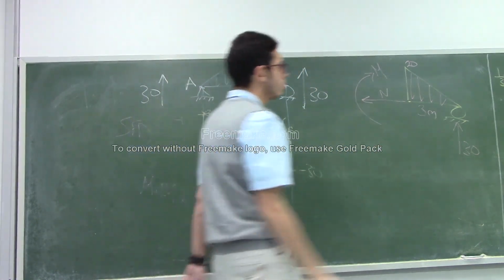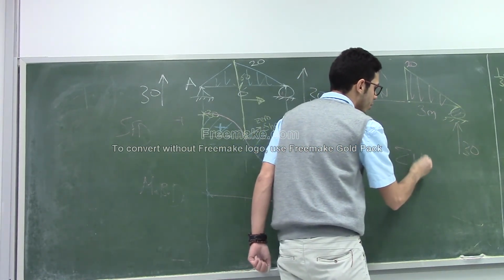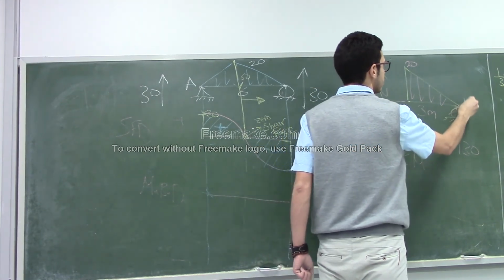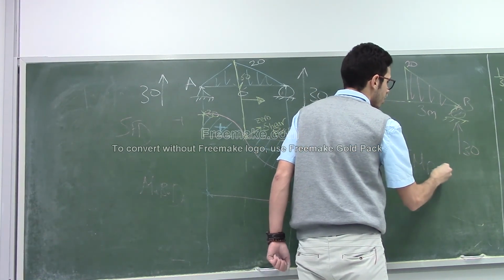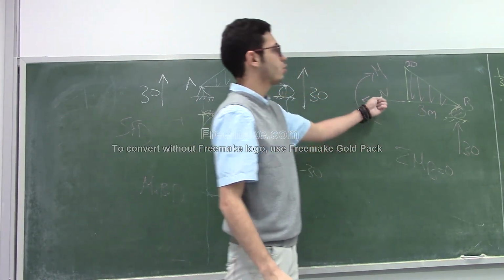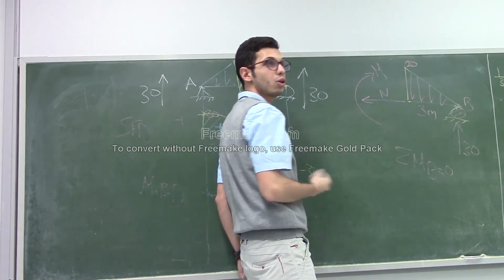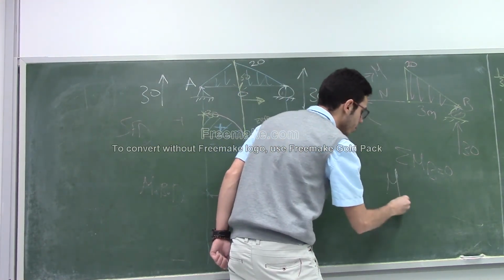Okay? So, directly, just calculate the moment at the point B equal to 0. So what is the moment at the point B? 30, and the normal force does not make any moment, right? We have this moment, it's clockwise, so it's positive.